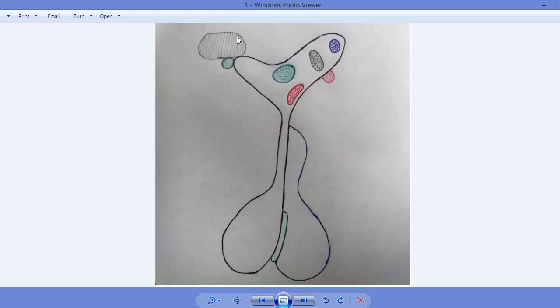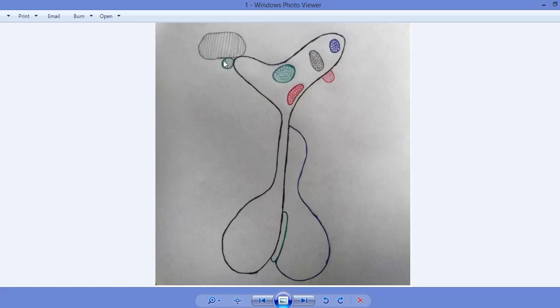Hypothalamus is located anteriorly and inferiorly to the thalamus. This is thalamus. So anteriorly to the thalamus there is the hypothalamus, and also inferiorly to the thalamus there is hypothalamus. You can say that the hypothalamus is below the thalamus or in front of the thalamus. You can also see over here a small body that is called mammillary body.